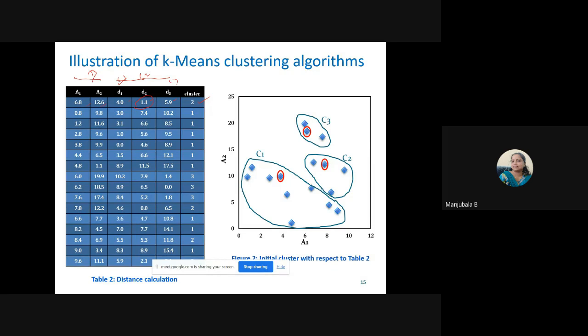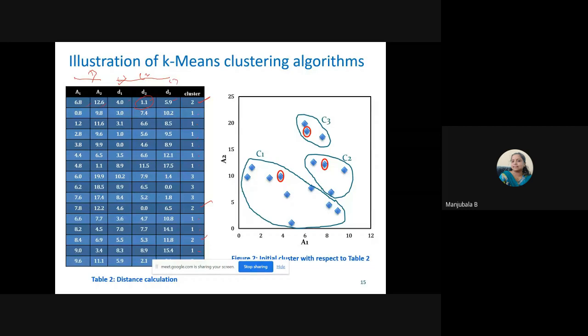Now we can see in the clusters, previously cluster 1 had 1 point, cluster 2 had 1 point, cluster 3 had 1 point, right? Now in the cluster 2, we are getting 3 points. Cluster 1, we are getting 9 points, right?